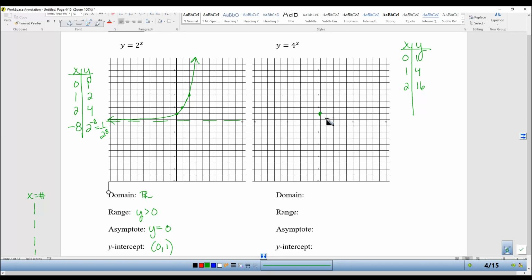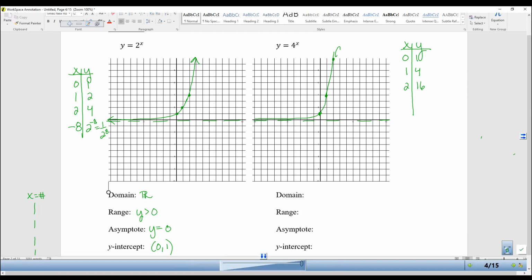So here's my (0, 1), my (1, 4). My asymptote is still at 0. And I'm going to go like this. Now here's a place where a lot of kids go wrong. They make this line and they don't pay attention to the fact that you can't cross 2. At 2, it should be all the way up at 16. So if you have it crossing at 10, then you've made a mistake.